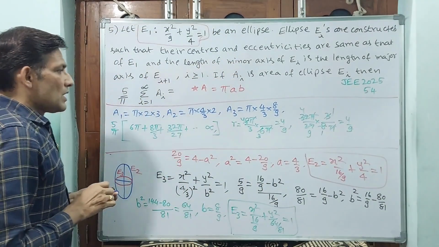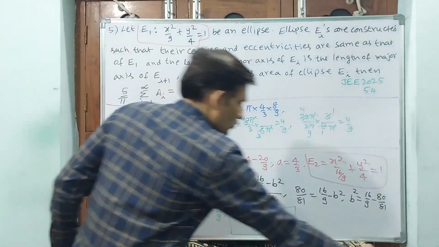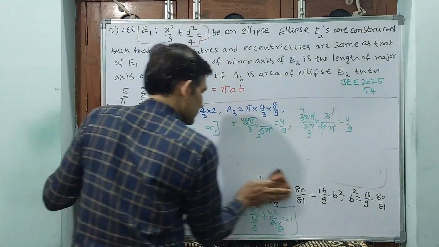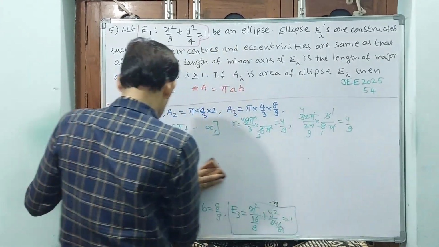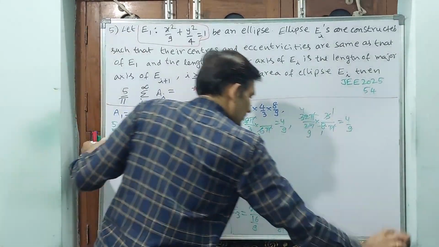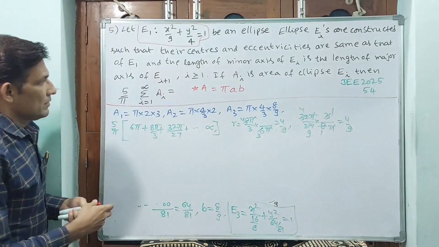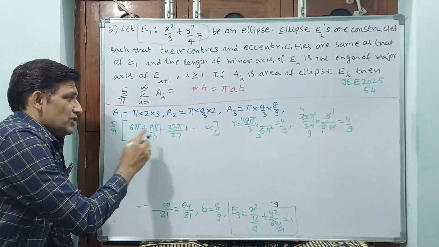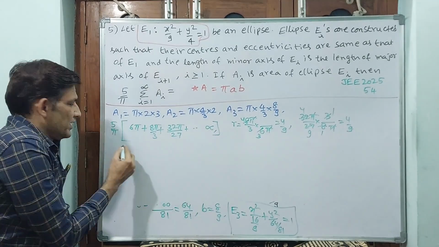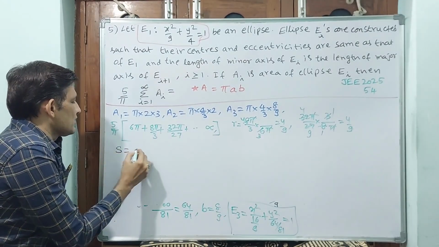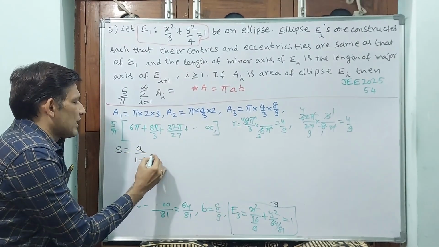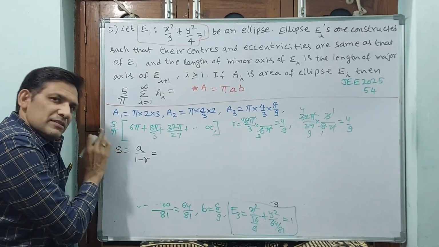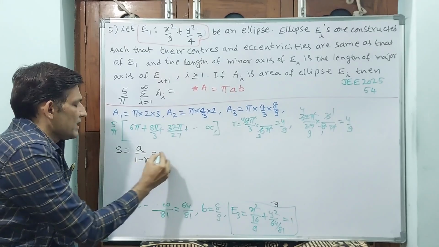Okay. Now I am going to remove 2 more lines. I'll take black. That means see this is a geometric progression infinite series. What is the formula? Sum S is equal to A by 1 minus R. But the sum is up to here only, not 5 by pi. We have to multiply afterwards. Okay?